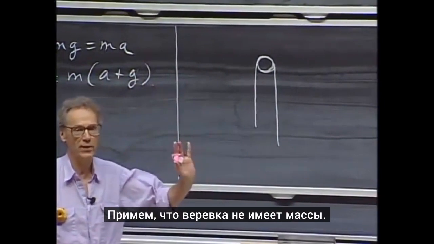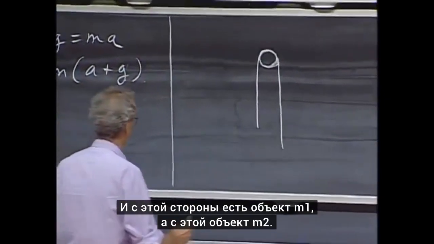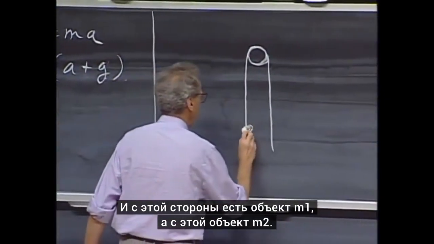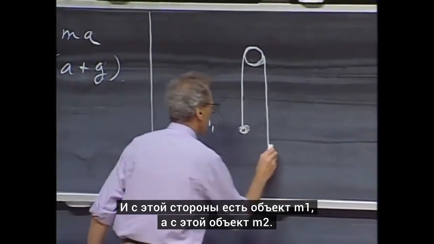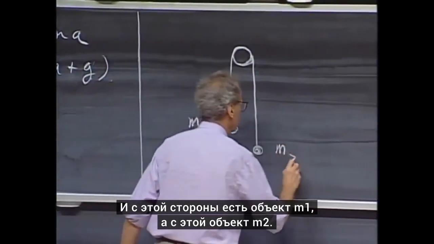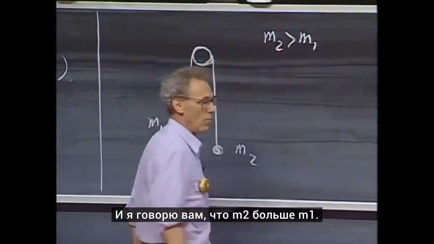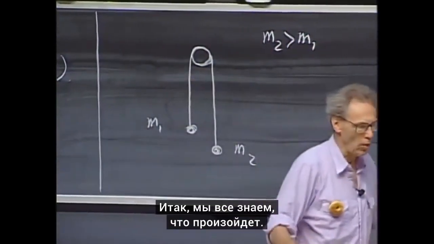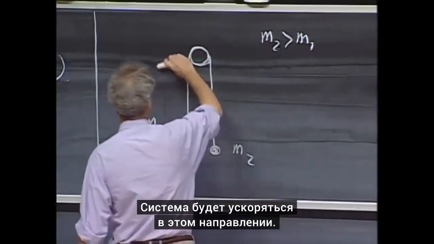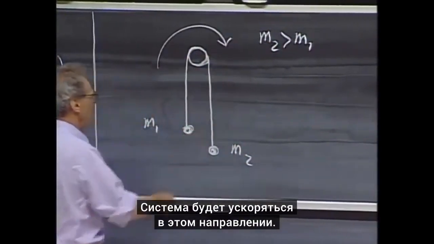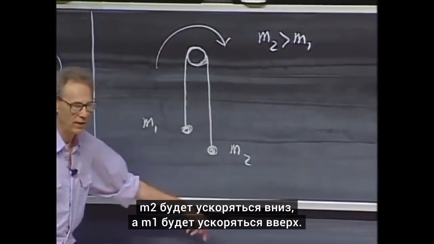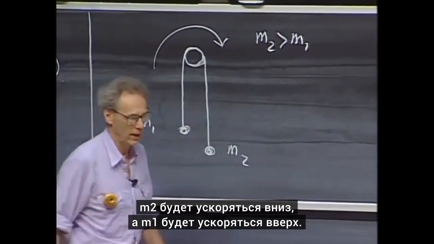Let's just assume that it is massless. And there is here an object m1, and there is here an object m2, and I'm telling you that m2 is larger than m1. So we all know what's going to happen: the system is going to accelerate in this direction. m2 will be accelerated down, and m1 will be accelerated up.